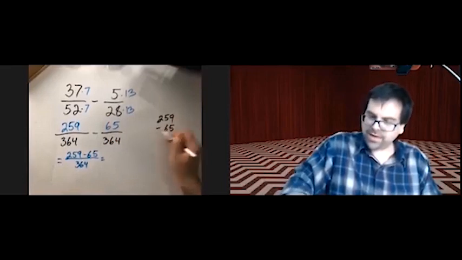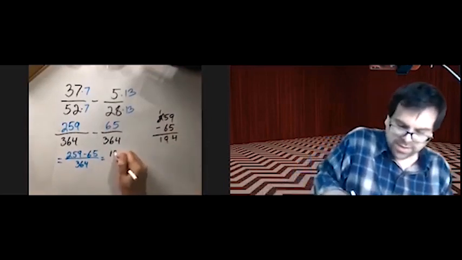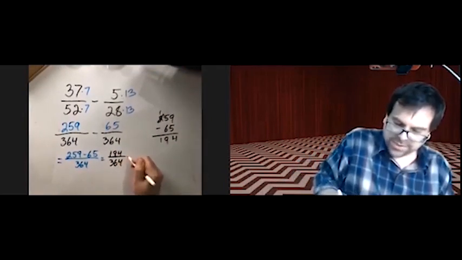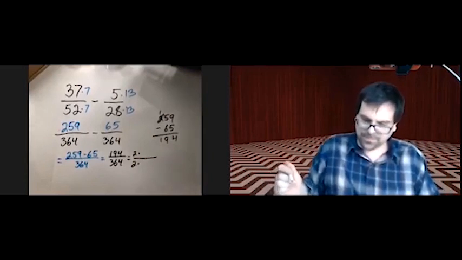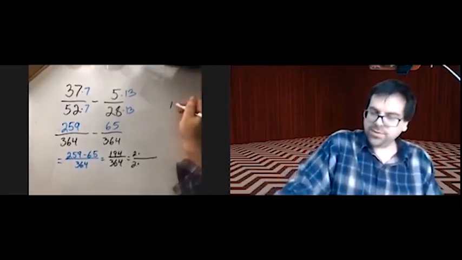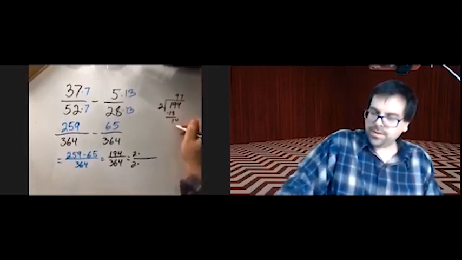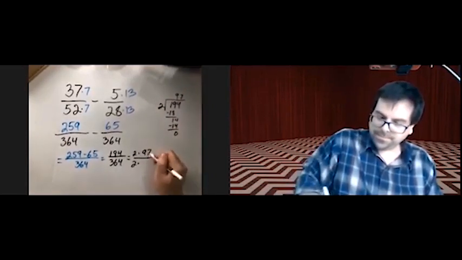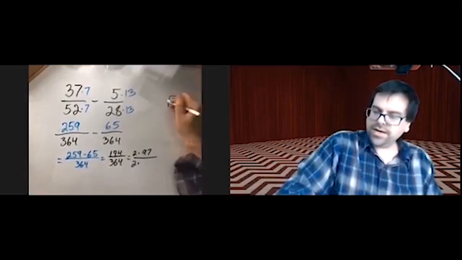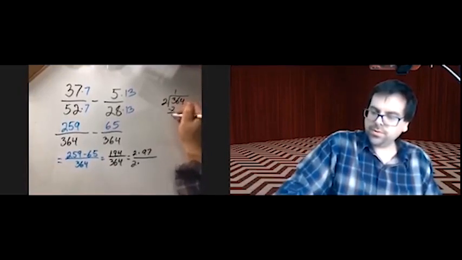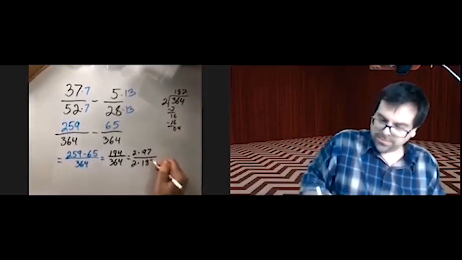259 minus 65. That's 194 over 364. We can reduce. 194 divided by 2 is 97. 364 divided by 2 is 182.